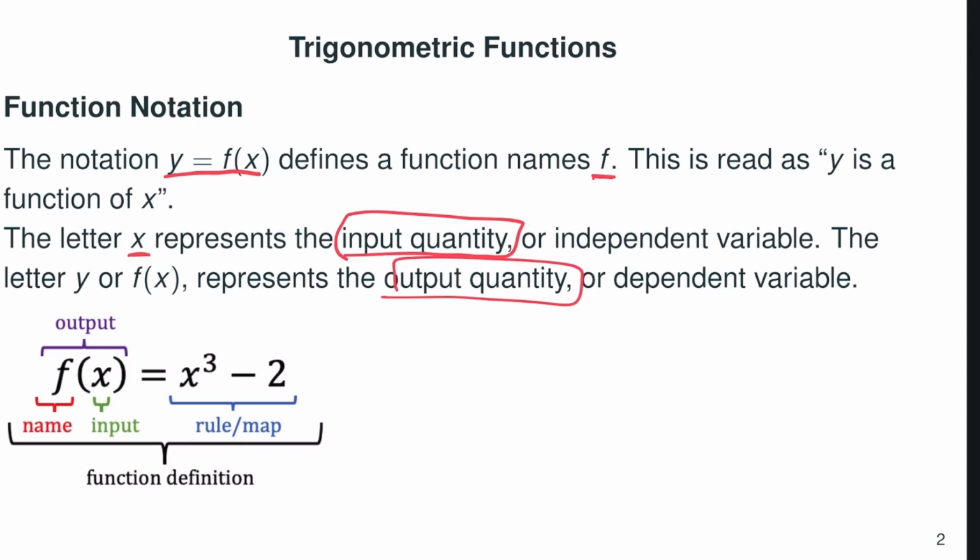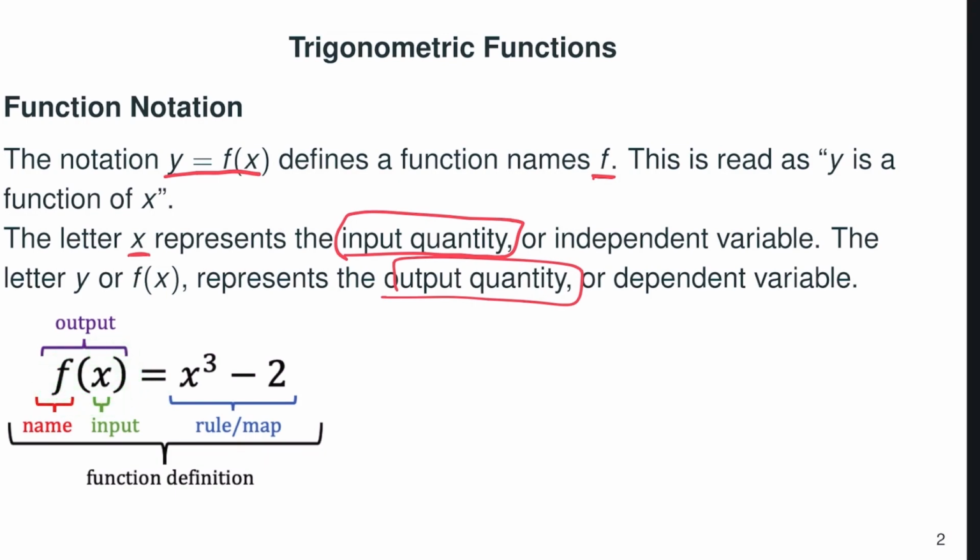Here's a good picture to demonstrate function notation. The notation inside the parentheses refers to the input quantity, and f is just a letter for the function name. It can be f, t, g, a, anything that represents a function name. The entire thing, f of x, symbolically represents the output.